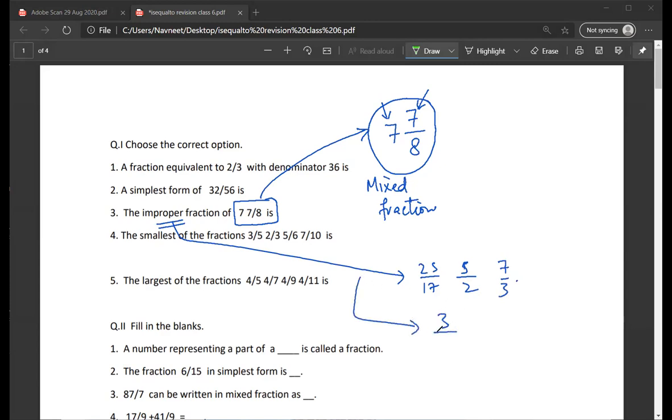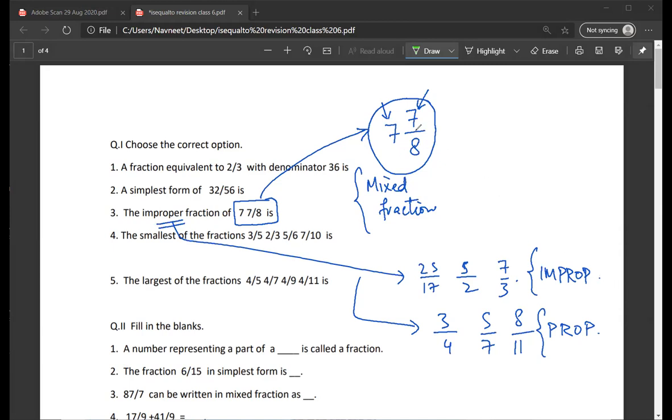And a proper fraction is 3 by 4, 5 by 7, 8 by 11. These are proper fractions. Mr. Satya, have you understood? Yes. So these are the three kinds of fractions that we have: a mixed fraction, an improper fraction, and a proper fraction. Is there a doubt? No, sir.